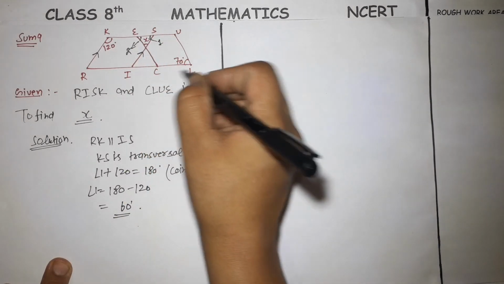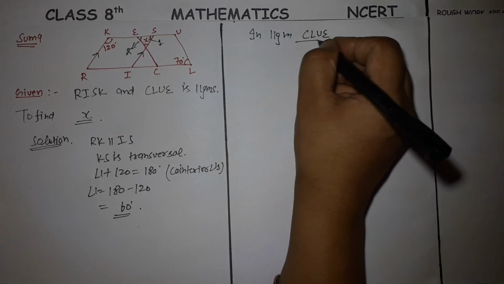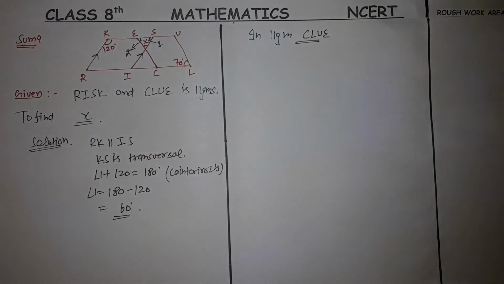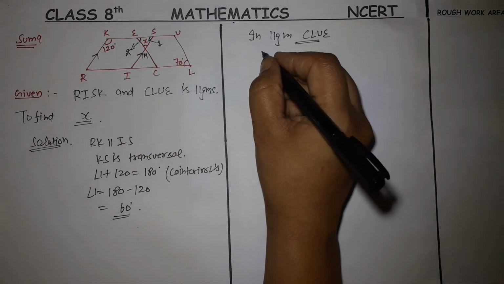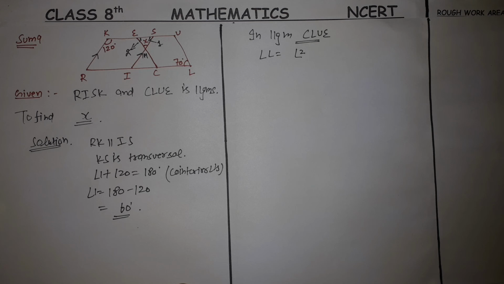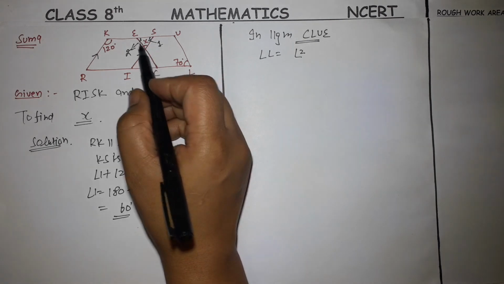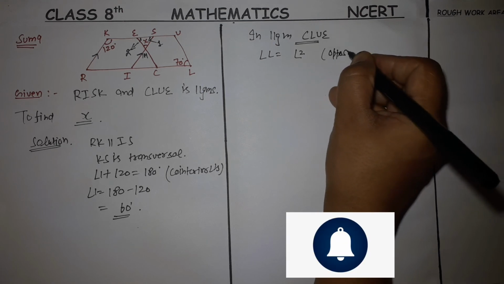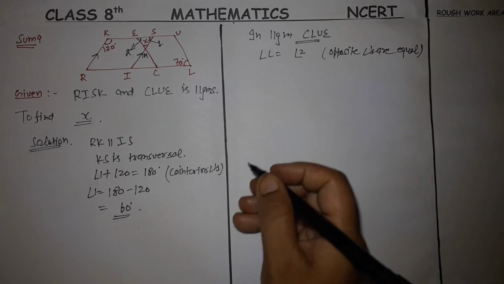Then in parallelogram CLUE, angle L is equal to angle 2, or we can say it SEM. Angle L is equal to angle 2. When we give numeral angles, it becomes a little easier for you. If you don't want to give numeral values, then you can write SEM also. Angle L is equal to angle 2. Reason: opposite angles are equal in a parallelogram.